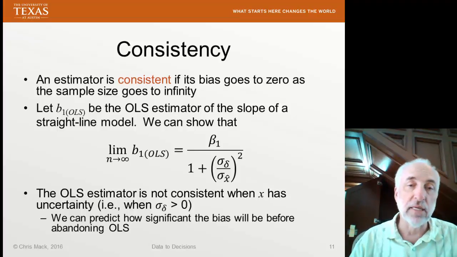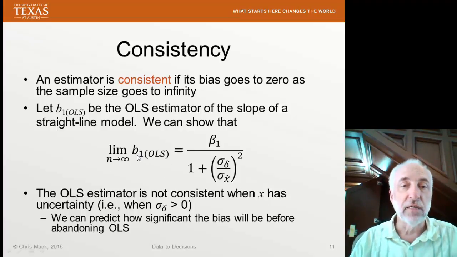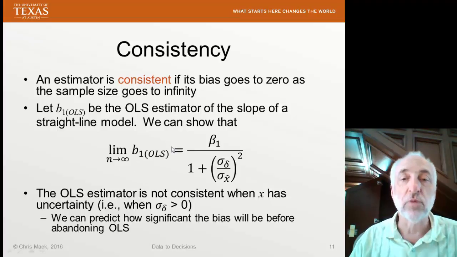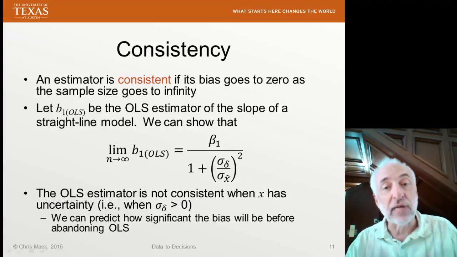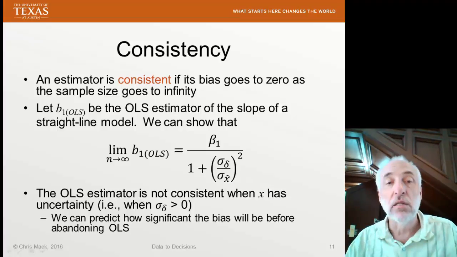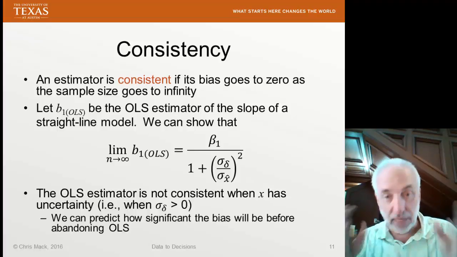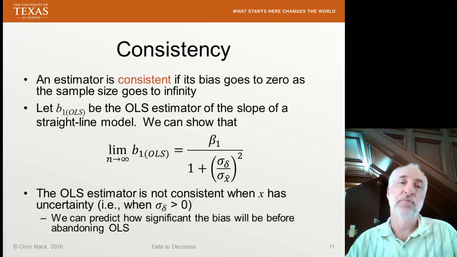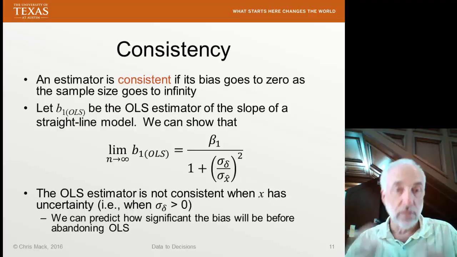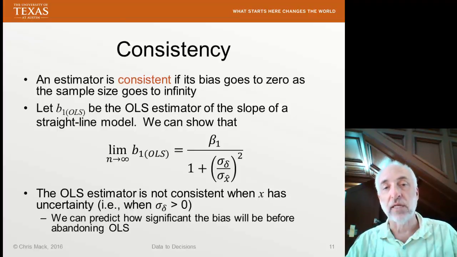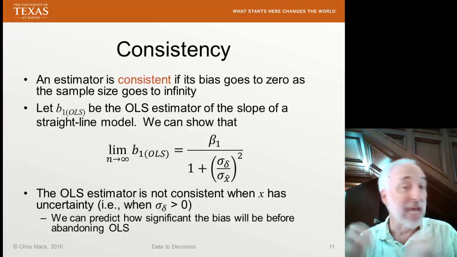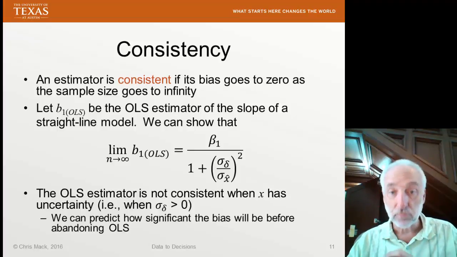In fact, you can show that as n goes to infinity, our estimator for the slope goes to the true value divided by 1 plus the ratio of variances. Again, it's like we saw in the last slide. The method of moments estimator gives just about the same answer as this OLS estimator bias calculation, or consistency calculation, does as n goes to infinity.